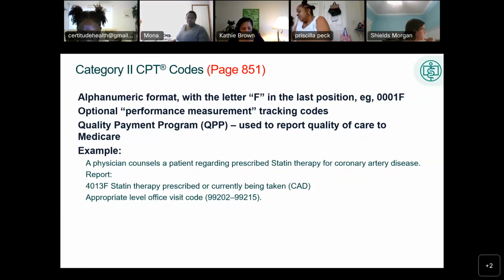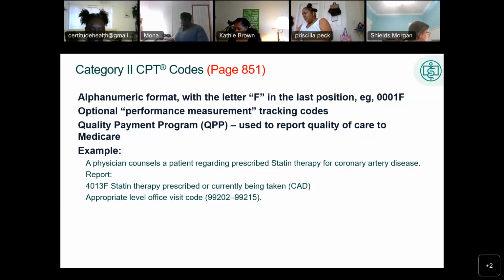is going to start on page 851, after the medicine section.